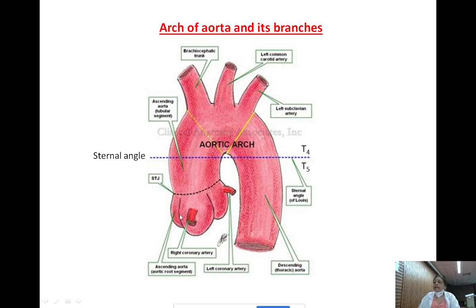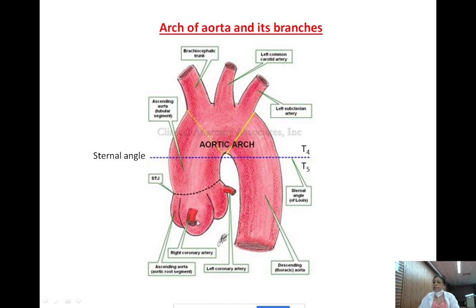These dilatations are known as aortic sinuses. This is the anterior aortic sinus, and there are two posterior aortic sinuses, one on the right side, another on the left side.